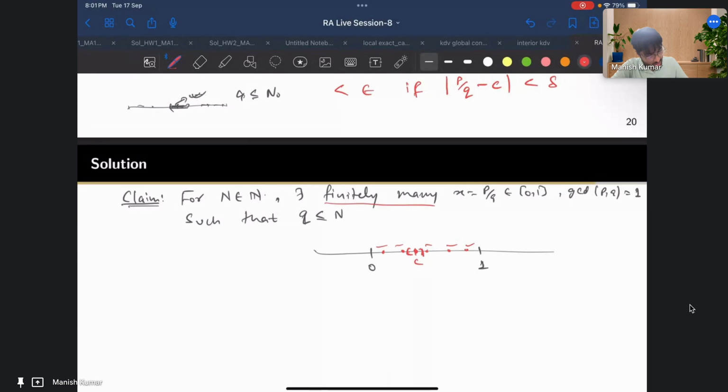In this neighborhood, all the rationals p by q have q greater than or equal to n. So this will eventually prove the result. The only task is to understand this claim. Once you prove this claim, then everything is done. So now let me prove this claim.